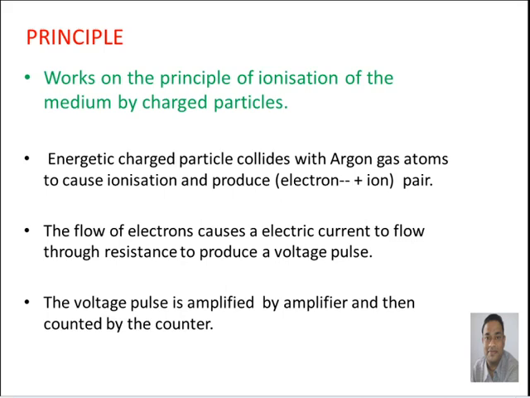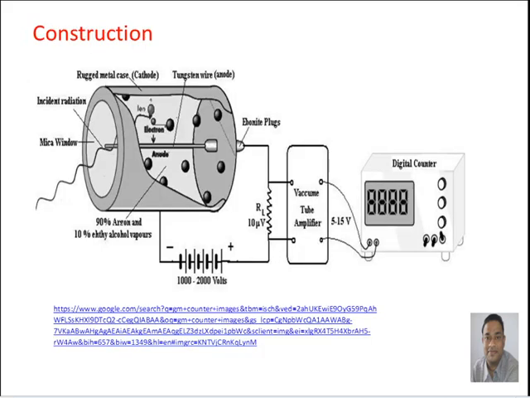Very simple: the simple Ohm's law, V equals IR, comes into the picture in this case. The voltage pulse is amplified by an amplifier, and then it is given to a counter which counts or records the number of particles. Let's see the construction of a GM counter.